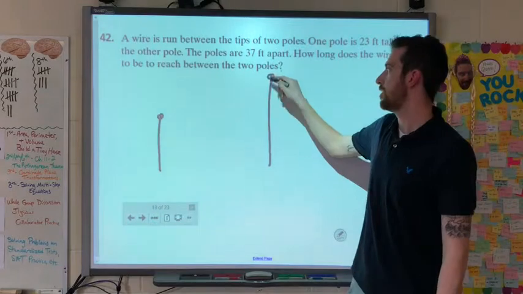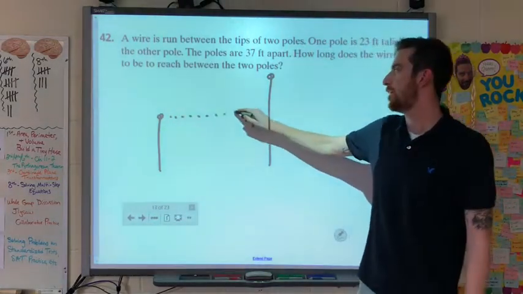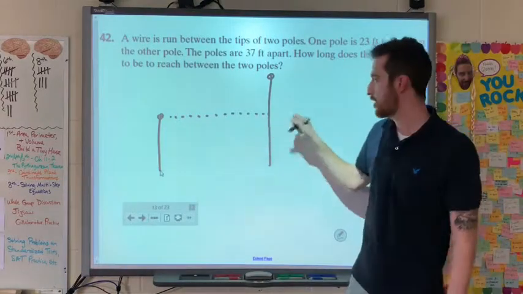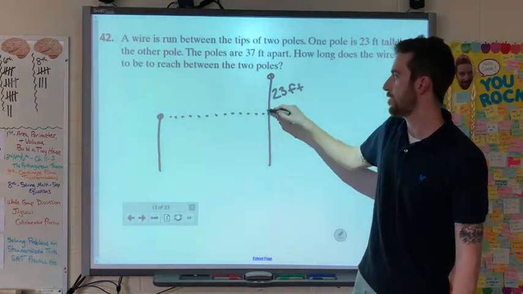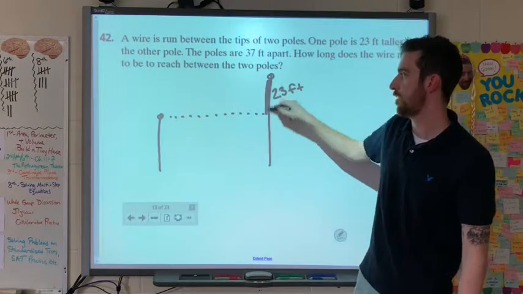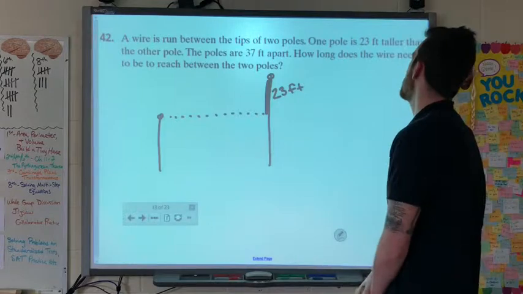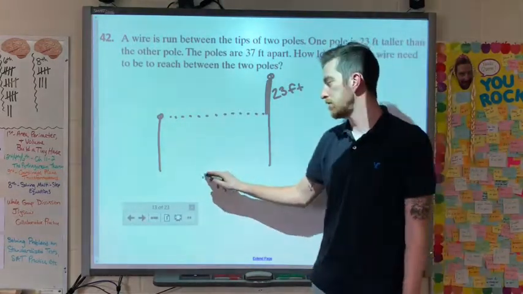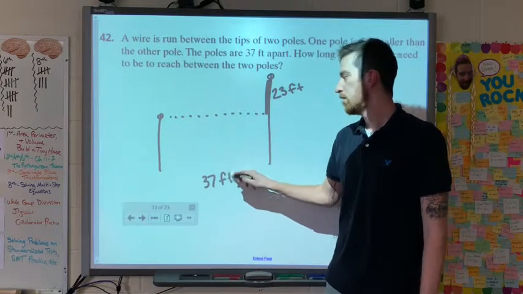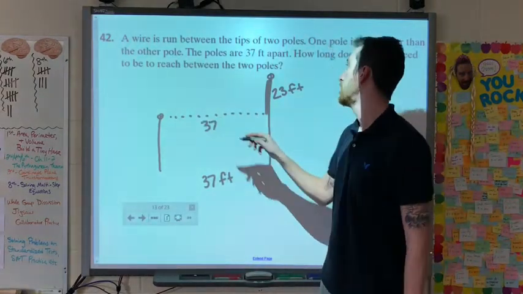Here's the other one. This one is 23 feet taller, so if I match it over here, this distance would be 23 feet. The poles are 37 feet apart, so this distance is 37 feet, and up here would be the same, 37 feet.